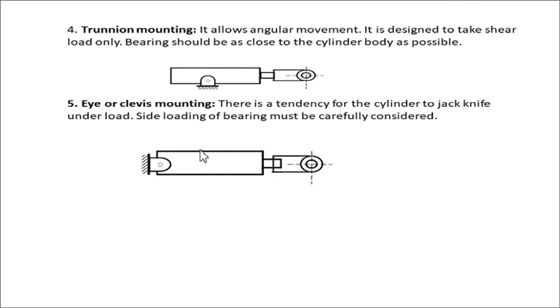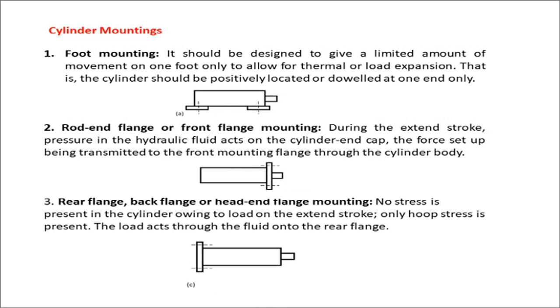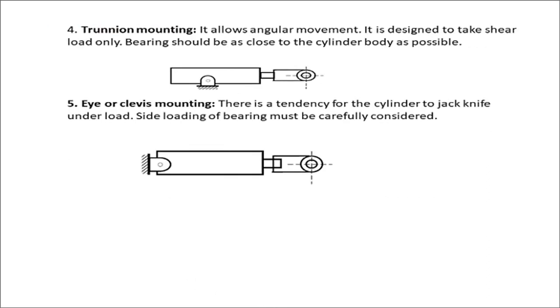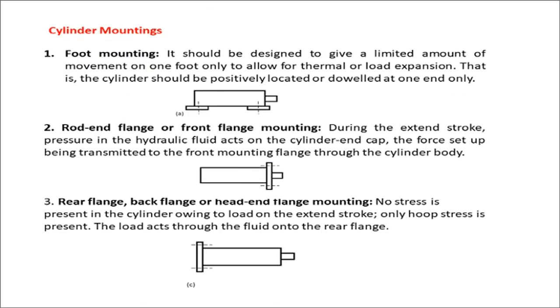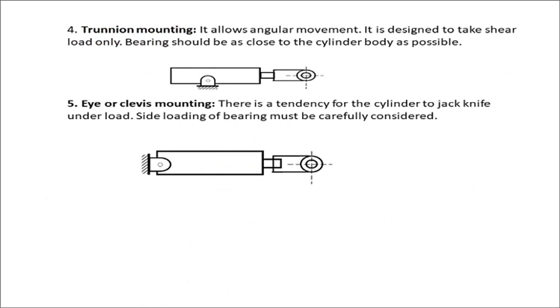These different types of mounting restrict different degrees of freedom for a cylinder to move during an application, and because of this we obtain certain motion or certain linear output for that particular linear actuator. So these are the different types of mountings for a hydraulic cylinder, and a question may be asked on representing all these mountings diagrammatically.